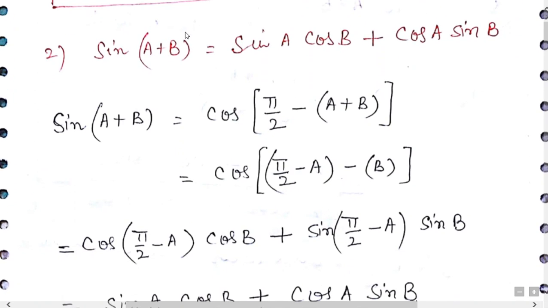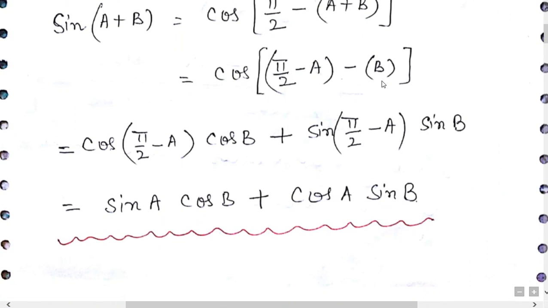Suppose we have to derive this formula, sin(A+B) = sin A cos B plus cos A sin B. Then what do I have to do? Sin theta can be written as cos of 90 minus theta. Now write pi over 2 minus A as first angle and minus B as second angle.